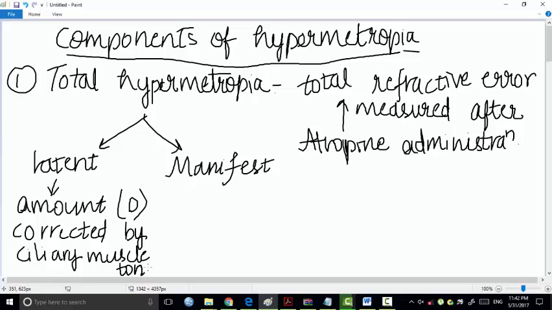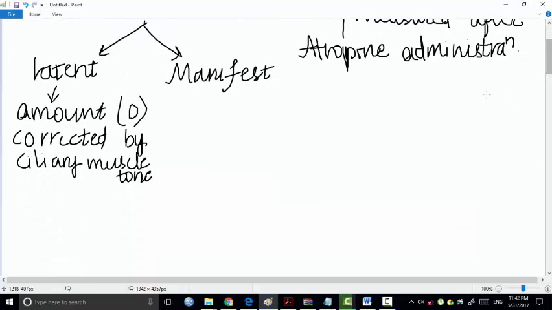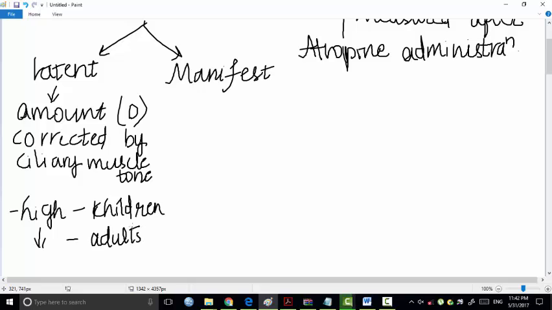You know, ciliary muscles have tone and they adjust the lens in such a way that the optic error is corrected, right? So this is latent hypermetropia. This latent hypermetropia is high in children and decreases in adults, right?